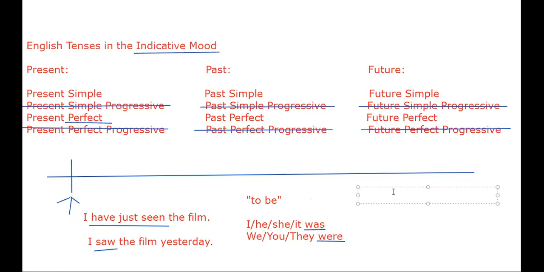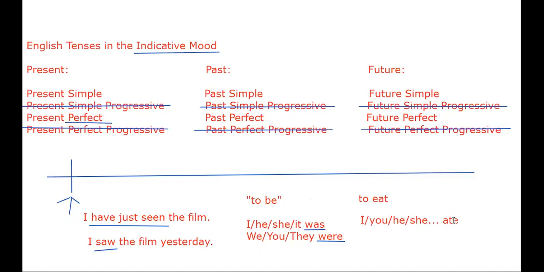But for every other verb, and I'm not joking, this is for every single verb out there except for the verb to be, like let's say to eat. It's just the same verb all around: ate. It doesn't matter if it's I, you, he, she, etc. It's all just ate.